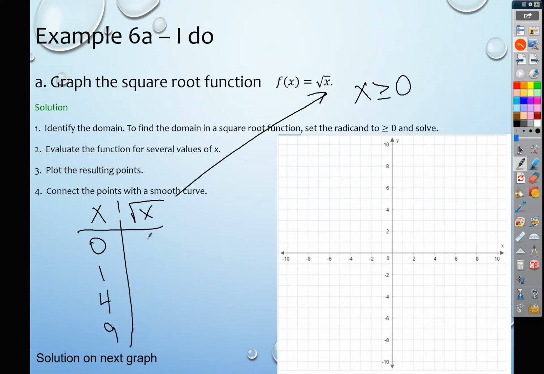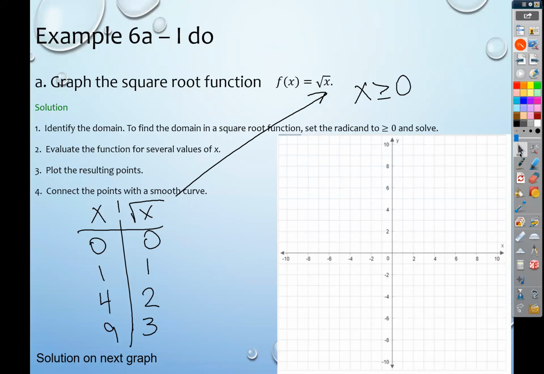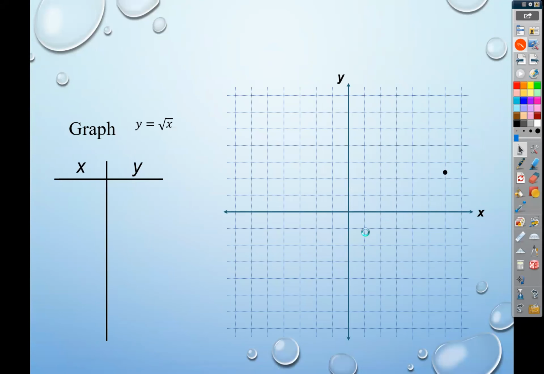So the square root of 0 is 0, the square root of 1 is 1, the square root of 4 is 2, and the square root of 9 is 3. So I'm going to show you what all those points look like. We're going to plot all these points and then connect it with a curved line. And that is what the graph would look like.